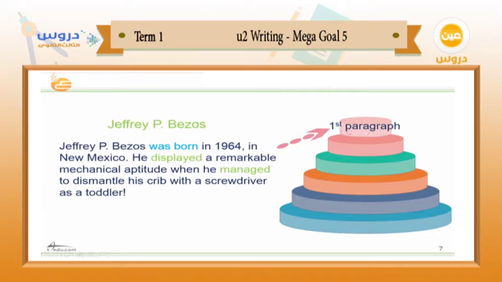So this is the first paragraph, his childhood. The first event of his life is his childhood, when he was a toddler. It means that he talks about how he always searched for something new. So here the writer told us that the changes started so early in Jeffrey Bezos' life.